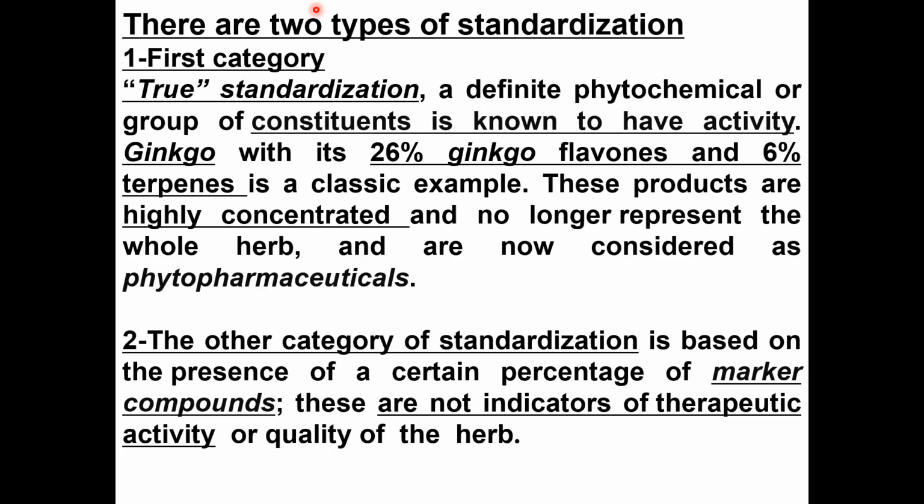This type of extract was subjected to true standardization because the active constituents are present with a defined amount. The second category of standardization is based on the extracts containing a certain percentage of marker compound. These markers are not indicators of the therapeutic activity or quality of the herb.